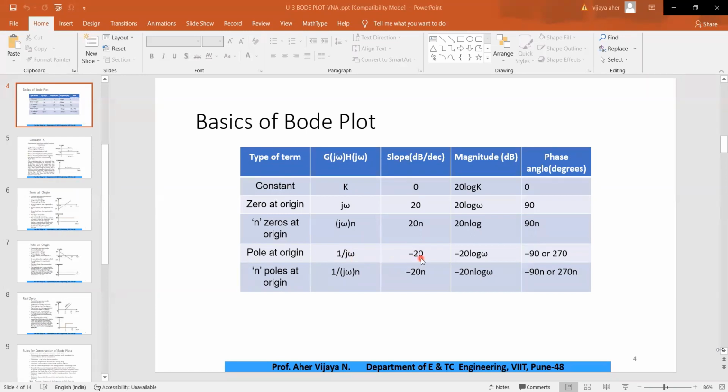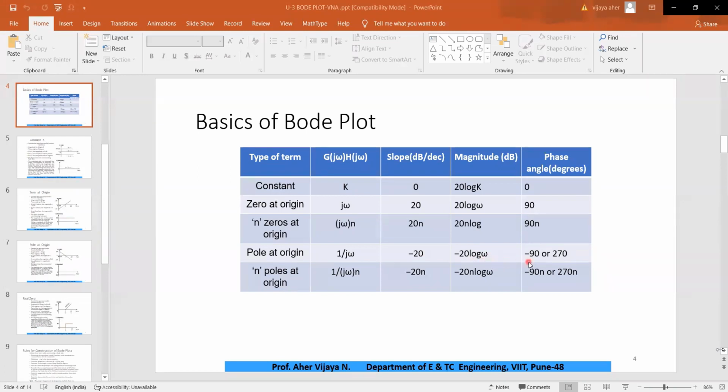For pole, always remember slope is minus 20 dB per decade. Now calculating magnitude. Magnitude is calculated by using this equation, minus 20 log of omega to the base 10. So put the different values of omega in this equation, you will get magnitude in dB, right?